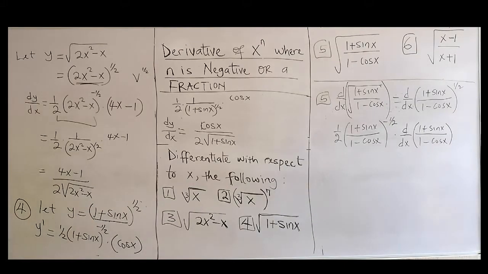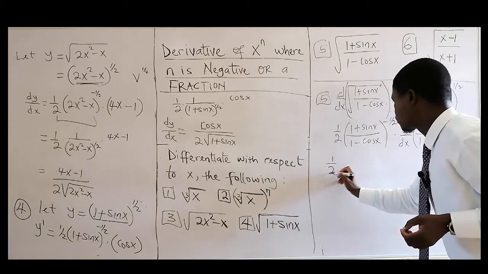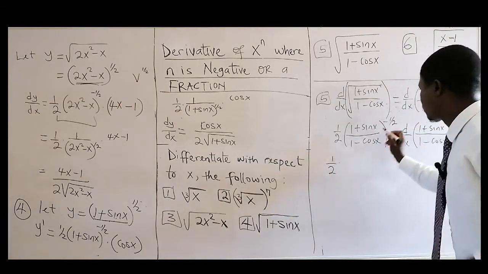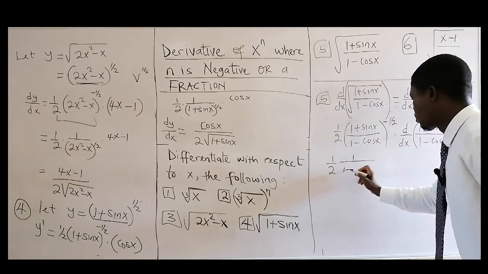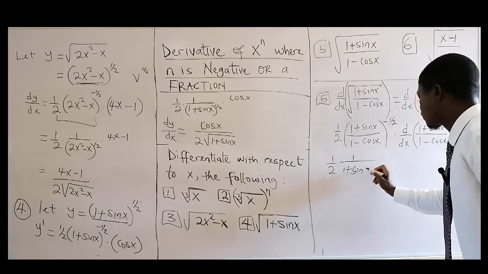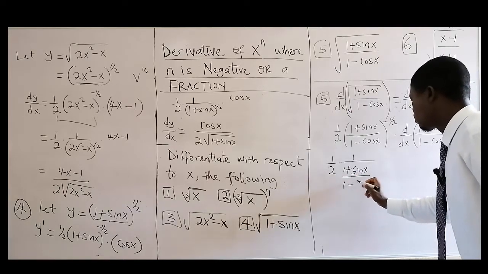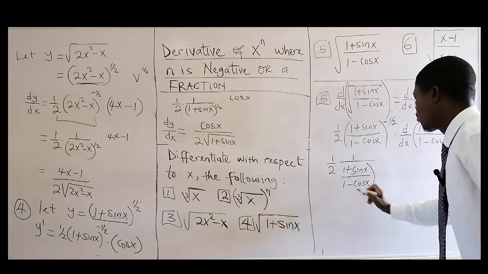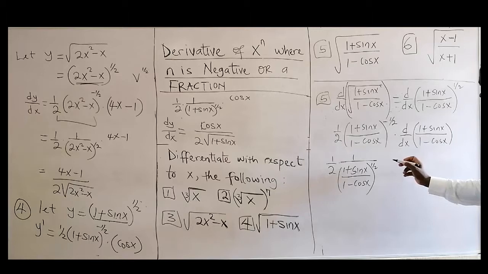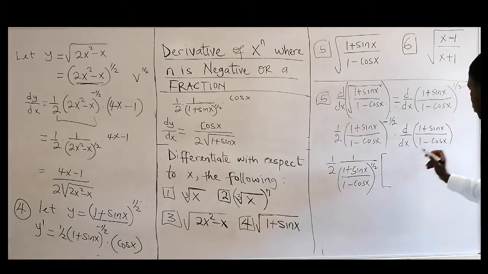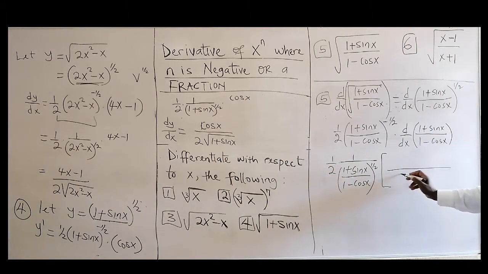So the derivative of this now will become 1 over 2 times 1 over (1 plus sin x over 1 minus cos x) to the power half. Then we hit this one now. We can open a bracket for this. This is the quotient rule, which will be equal to (1 minus cos x) squared, that's your v squared.